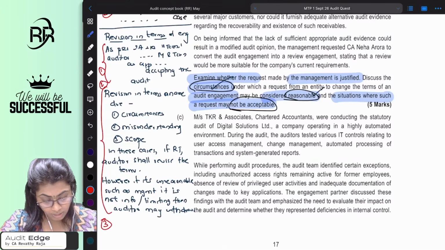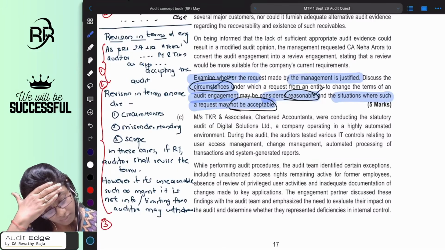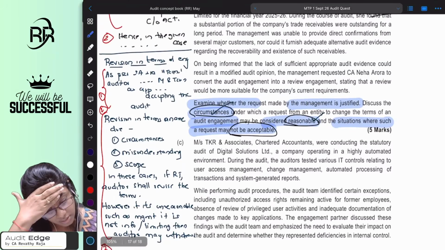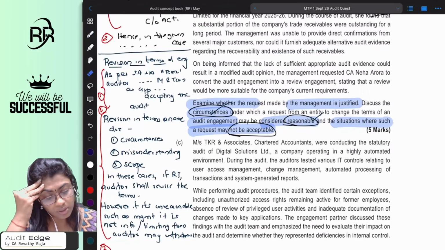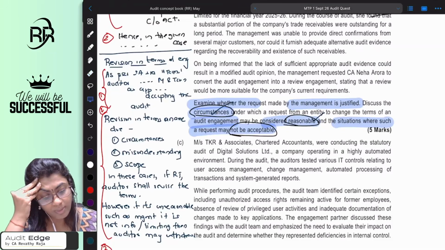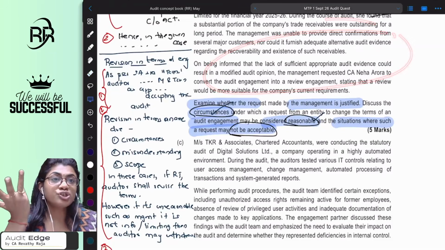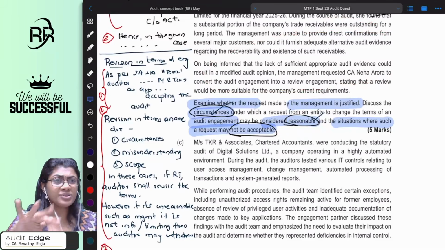Now, third, in the given case, see, where is it? Here. That you have to write in the given case. He was not able to obtain evidence, so the management asked to change it to a review engagement, which is unreasonable.